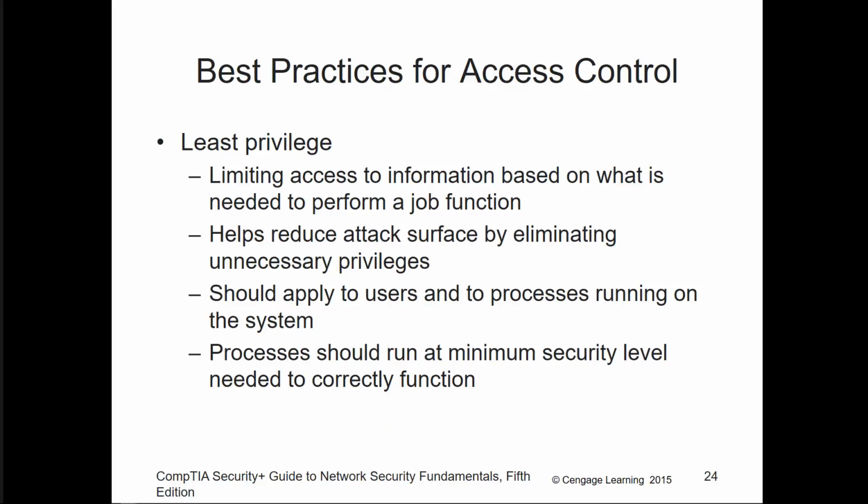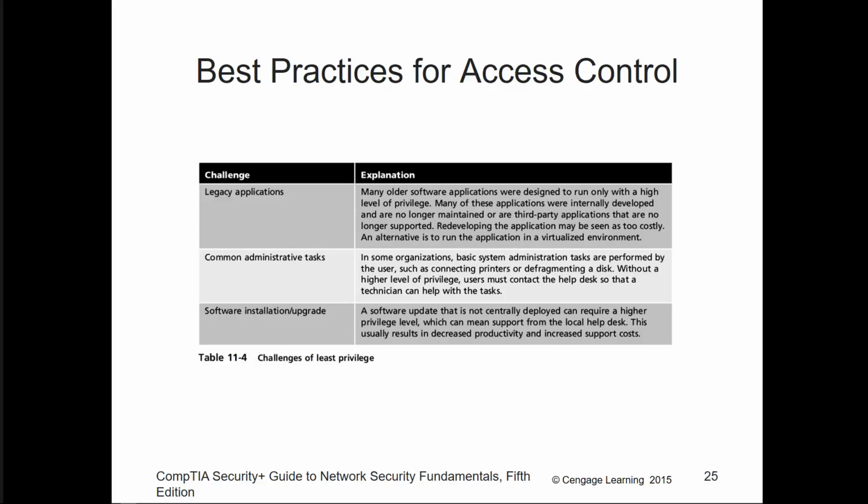We've already talked about least privileges. Again, users only have the minimum amount of privileges able to do their job. Okay, again, we've already talked about things like legacy application in previous chapters. Common administrative tasks. That will be in some organizations, basic systems, having to be able to manage them. Same thing with software installation and upgrades.